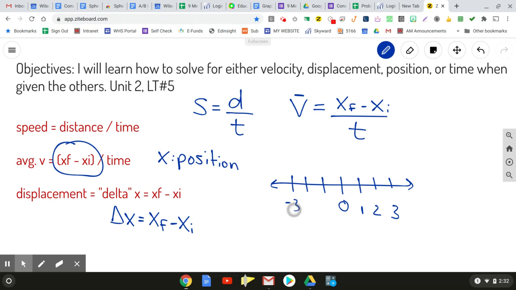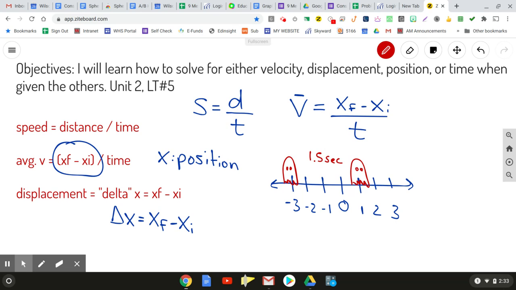Say we had an object starting here. It's like our ghosts from the little Pac-Man interactive. Say that this ghost moved from this location back to this location, and this occurred in 1.5 seconds.